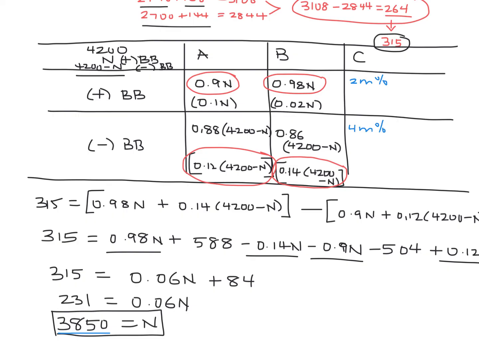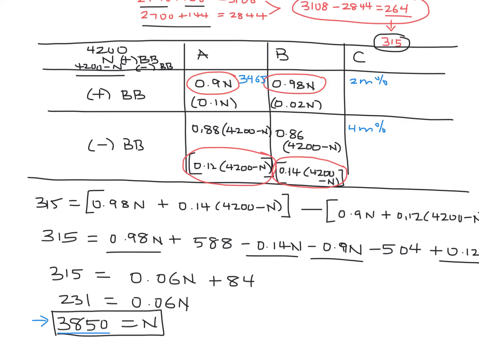So let's fill it in. Let's fill in all the numbers. So with this number in mind, 0.9N, since N is 3850, that number is going to be 3465. Okay, I'm using N equal to 3850, which is what we figured out.